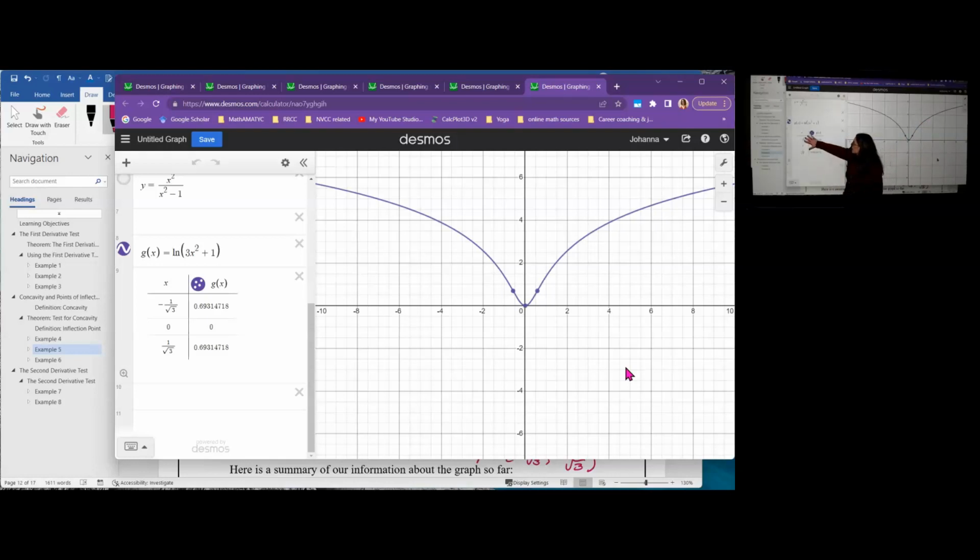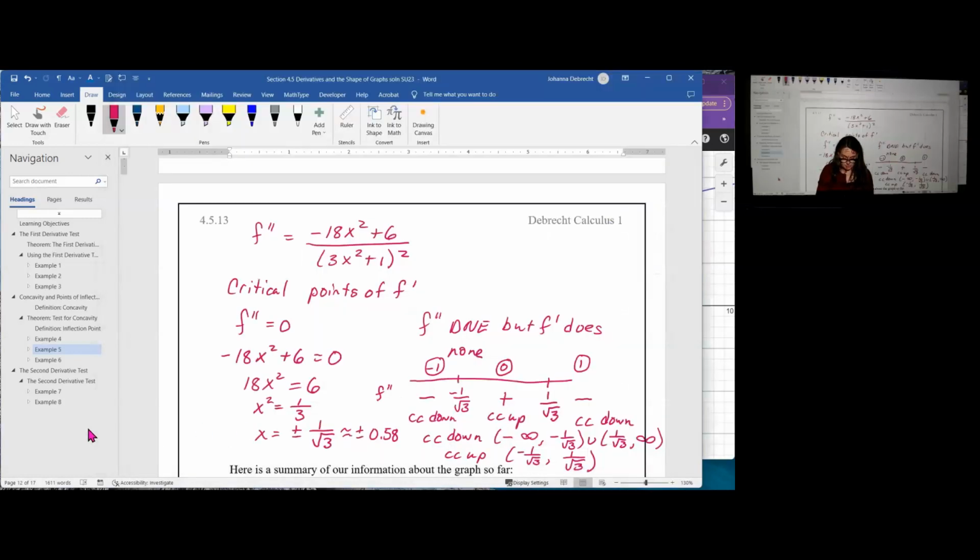I went ahead and I added the inflection points as well as the critical point to a table so that I could graph all of the points. Notice that we do have a relative minimum at the origin, and we have two inflection points, which are showing up here. In order to find the true value of the inflection point, we would need to substitute those values into the actual function. Let's go ahead and do that now.